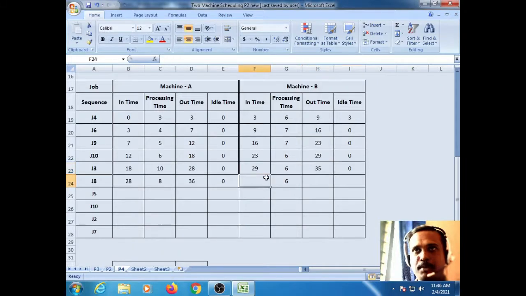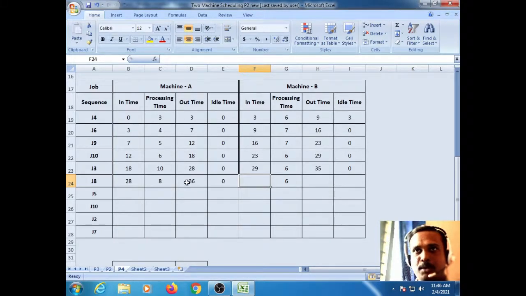The previous job was processed at the 35th hour, so machine B is ready at the 35th hour. It is ready to perform the next job at the 35th hour, but there is no job to perform then.